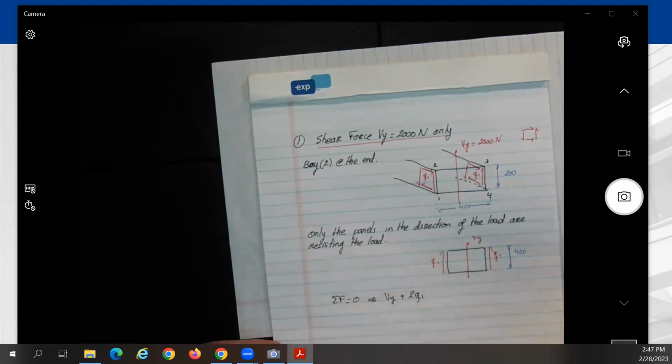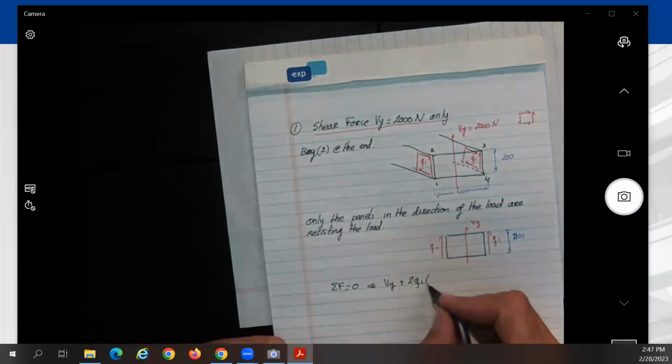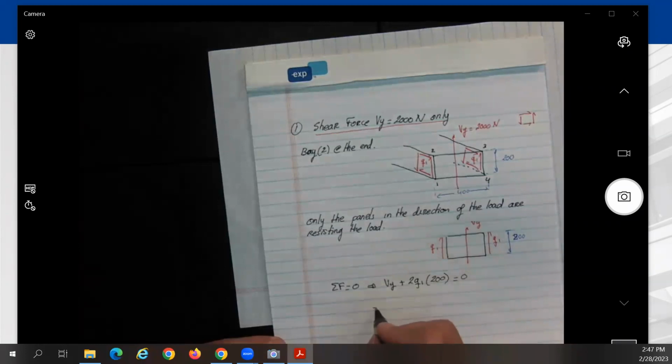Was it 200? Oh, here I put 200 and then I put 200, so it should be 200. 400 was the width. So 2 Q1 times 200 equal to 0. So from here, you can solve for Q1.